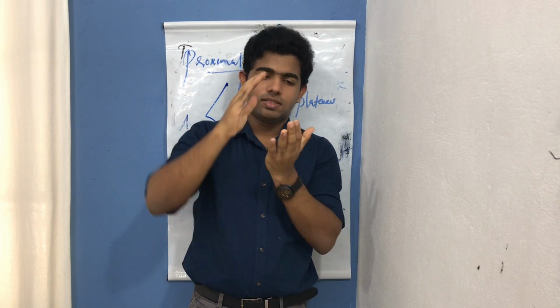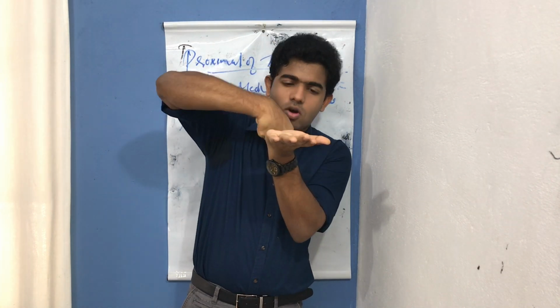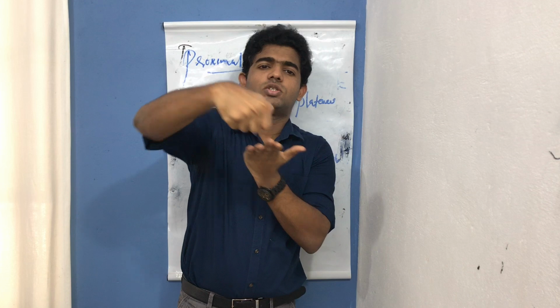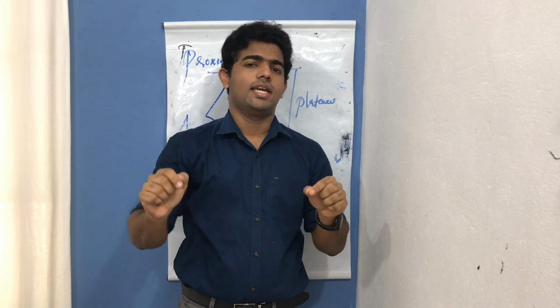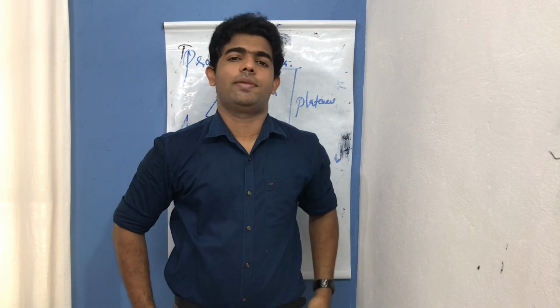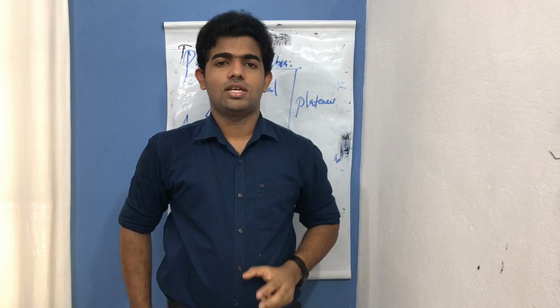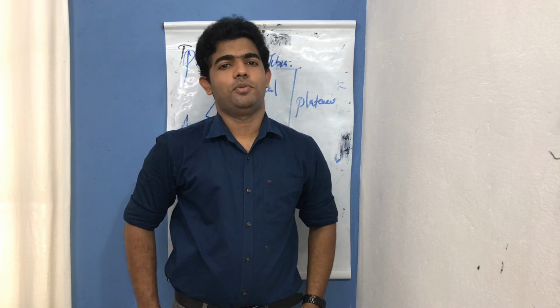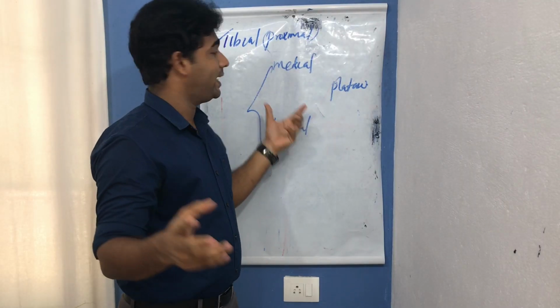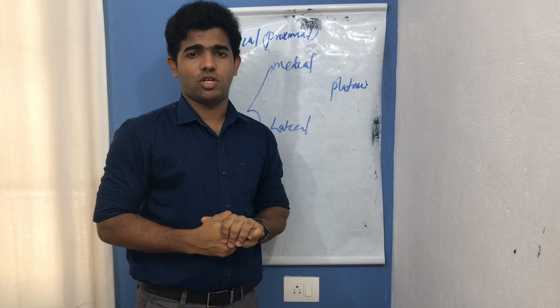Here a convex structure is resting on a flat structure, so that poses a lot of biomechanical problems in the knee complex, and makes it relatively less stable compared to the other joints in the human body. That is all about the tibial proximal articular surface.